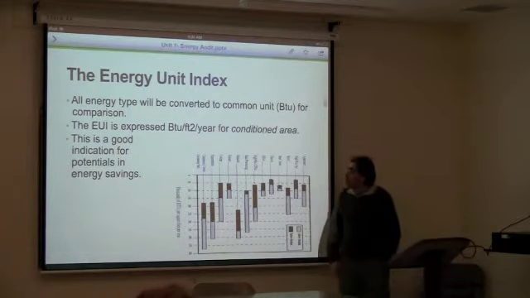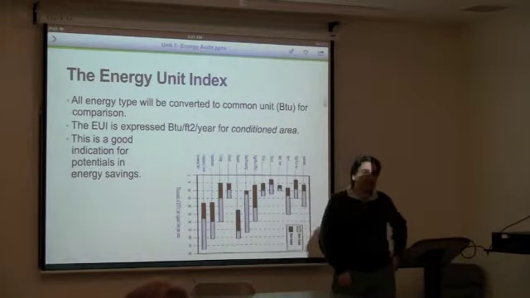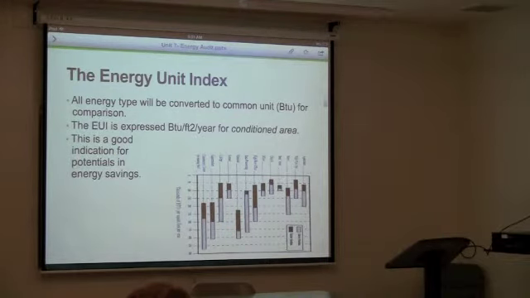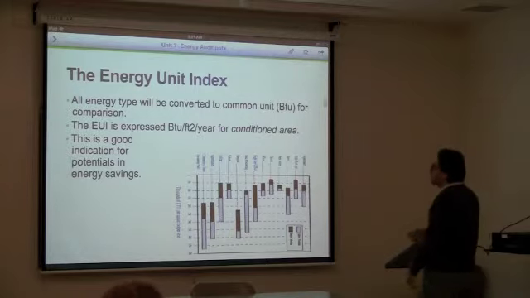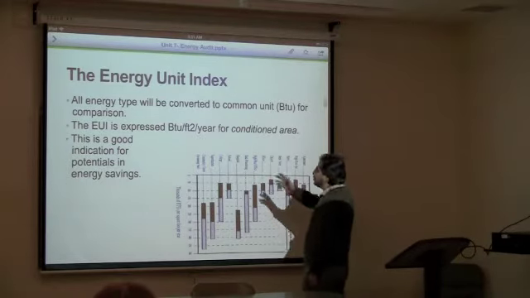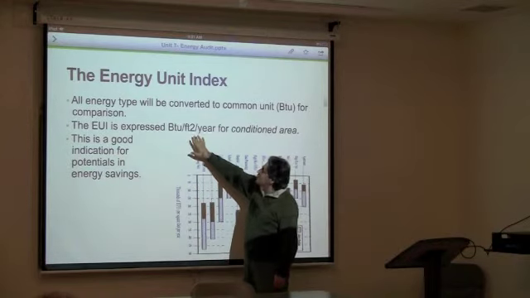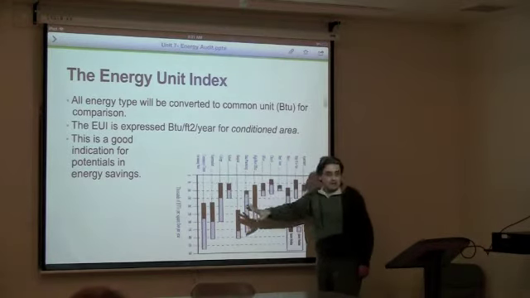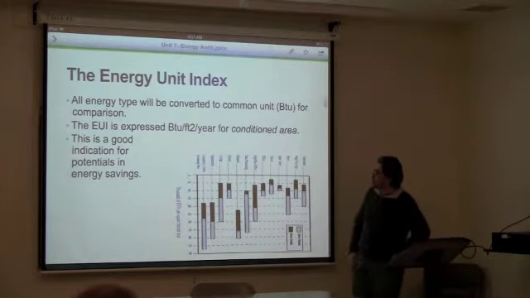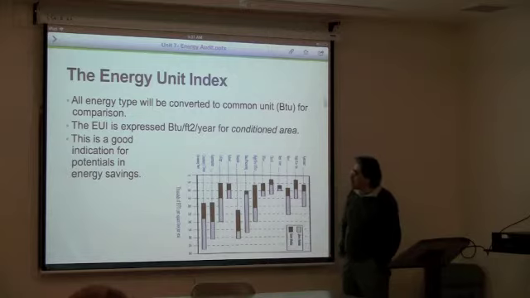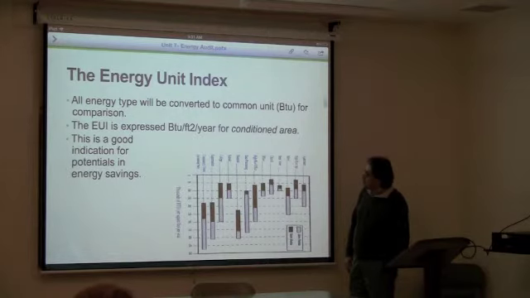Okay, now one other thing that you have to do is, when you're dealing with energy consumption, different units of energy are used. But in order to have an apple-to-apple comparison, you've got to convert everything to BTU, right? And at the end of the day, you need to convert it to EUI, which is Energy Use Index, which is BTU per square foot per year. So you always want to look at the big picture. When you look at that, there are many different charts in the industry that you can see where you are.